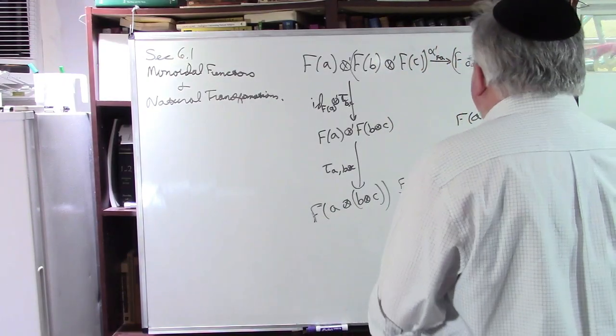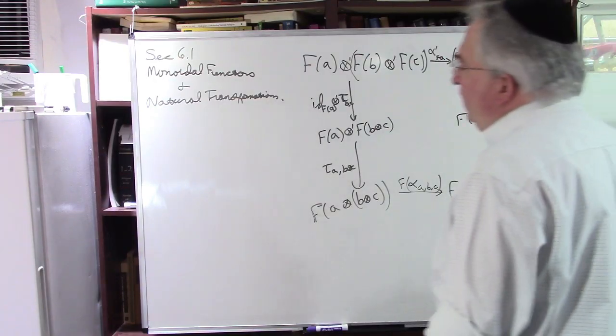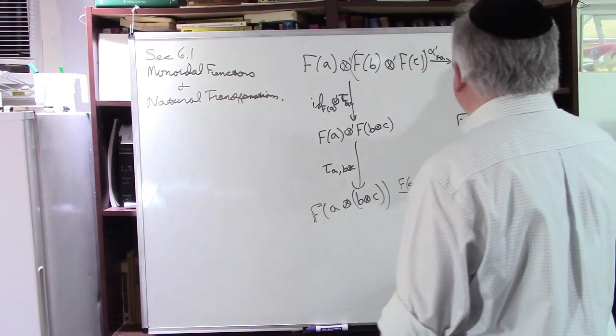Now, question: what happens if your two monoidal categories are strict monoidal categories?